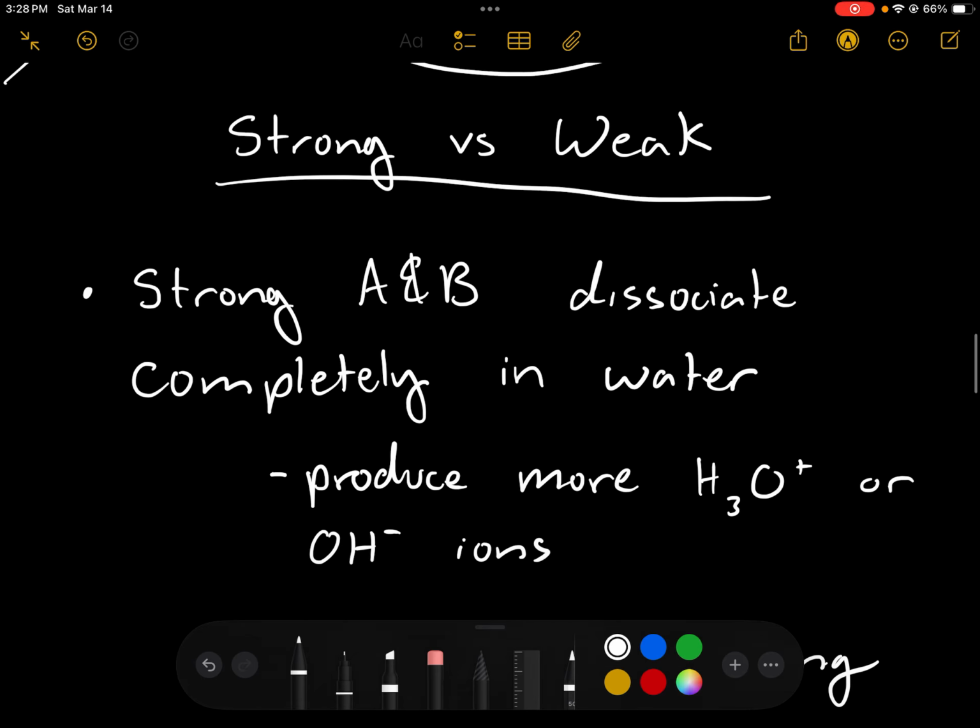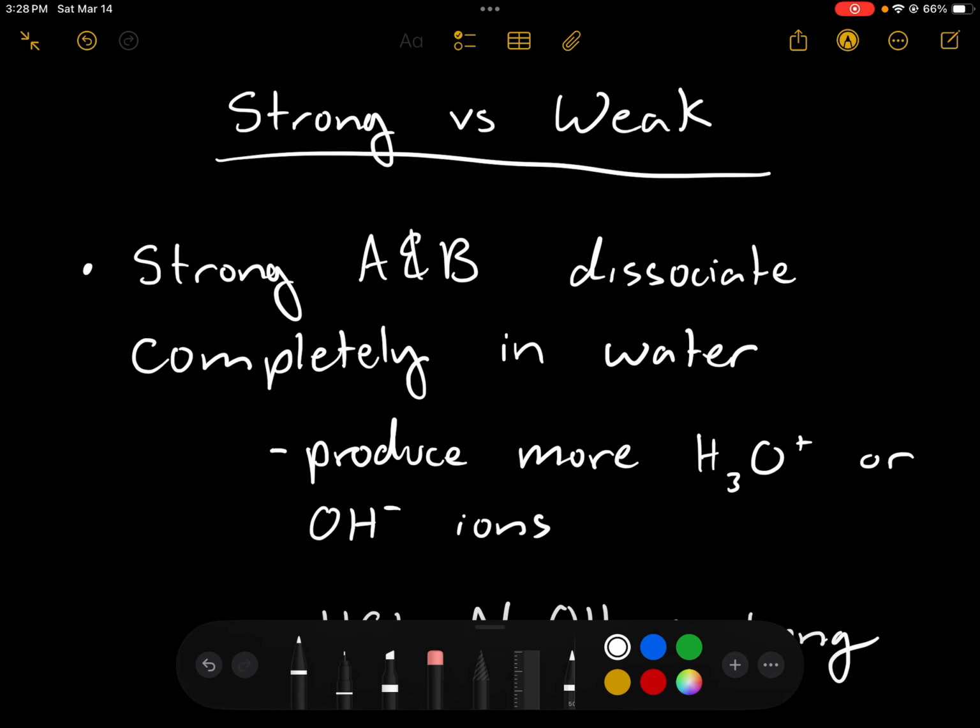All right. Acids and bases can be qualified as either strong or weak. So a strong acid and base is going to dissociate completely in water, meaning that it's going to produce more H3O+ or more OH- ions. And that's how we define the strength of acids and bases. If they can produce a lot of H3O+ or a lot of OH-, then we qualify them as strong.